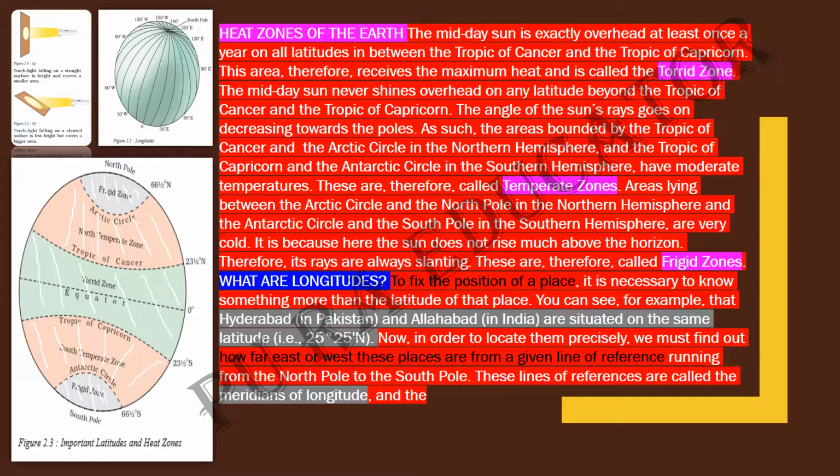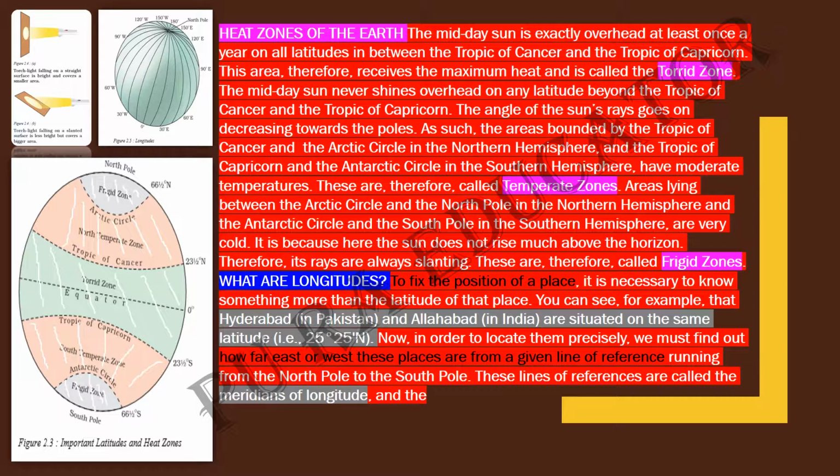It is very cold here, friends. So it is called the frigid zone. So we have known how many heat zones are on the earth. There are three zones: torrid zone, temperate zones, and frigid zones. I have mentioned all of them.